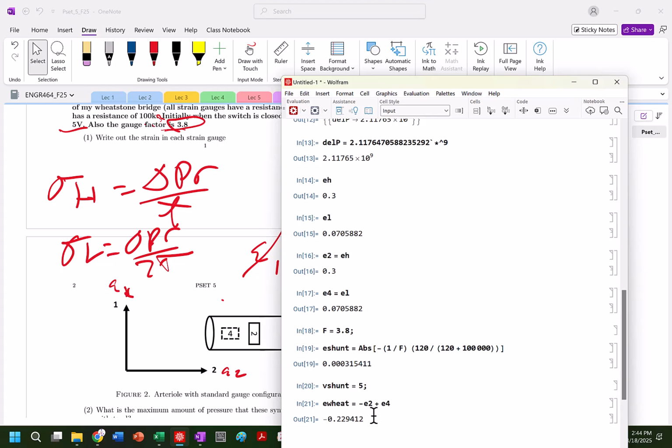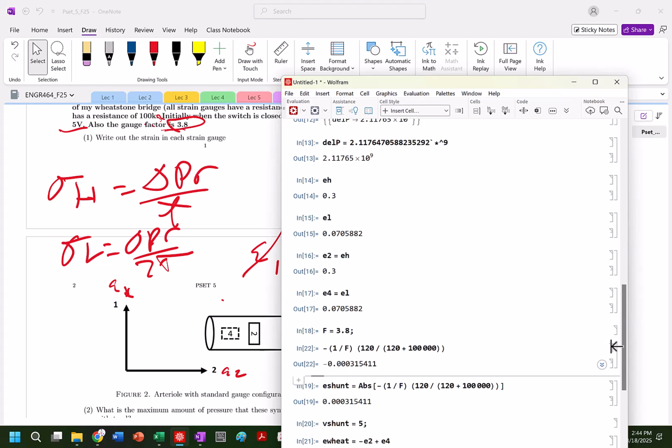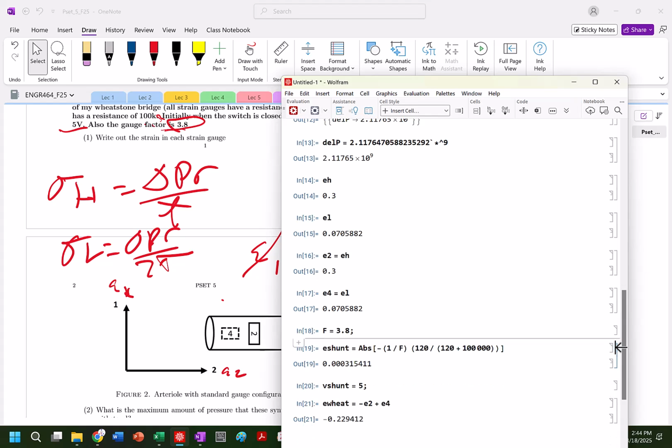So what we're going to do now is a ratio. And remember, if you don't do the absolute value, I think this is also negative. Yeah, so we're looking at absolute values here. So E1 plus that. Now what I can do is just a ratio.